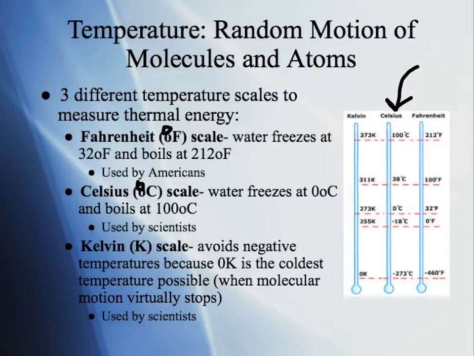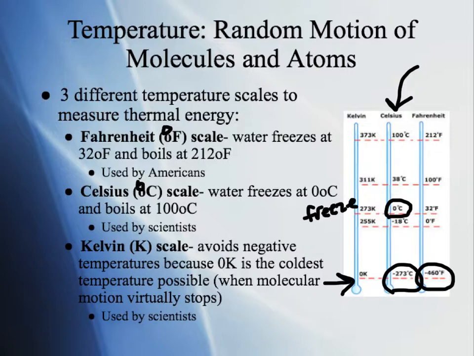So at 0 Kelvin, the coldest temperature possible, that would be equal to negative 273 Celsius and negative 460 degrees Fahrenheit. Okay, here where water freezes, in Celsius it's 0 degrees, Fahrenheit 32 degrees, and in Kelvin it's 273 Kelvin.